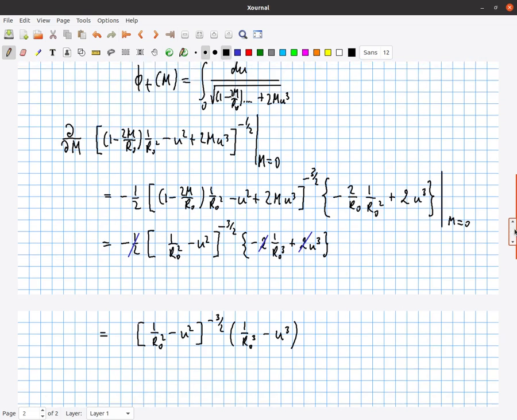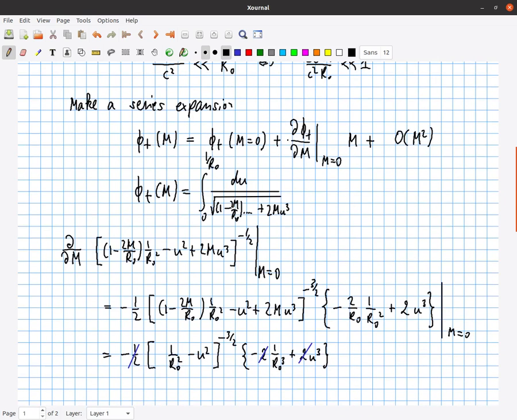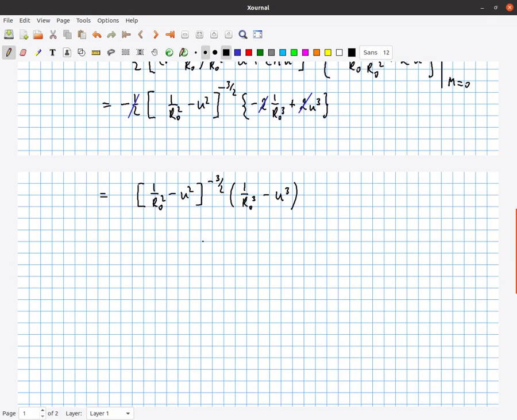And therefore, this first term here in our Taylor series expansion, d over dm of phi plus evaluated when m is 0, is now given by the integral between 0 and 1 over r of this function here that we've just written down.